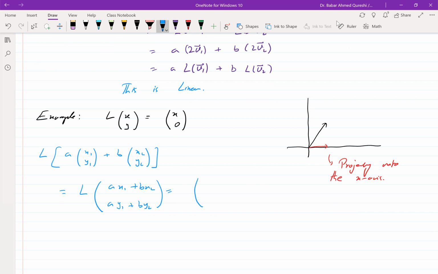So the rule says just retain the first and set the second component equal to 0. And this is just obviously equal to this. So it is linear.